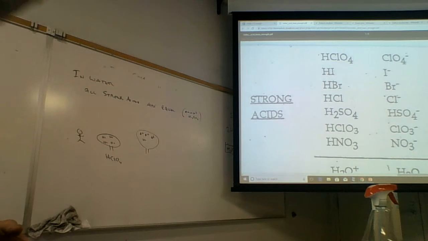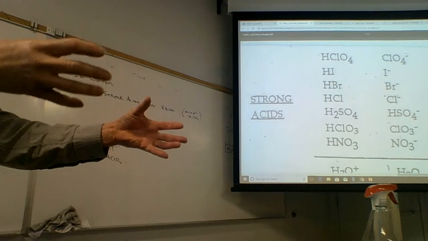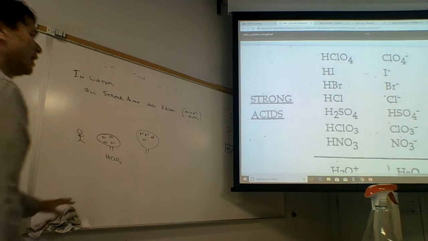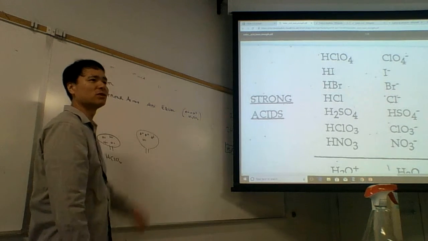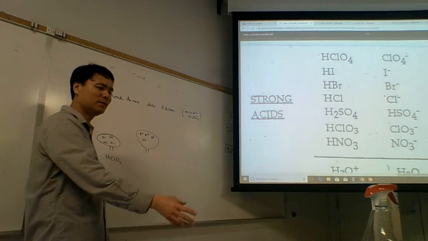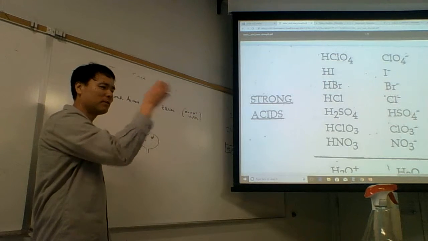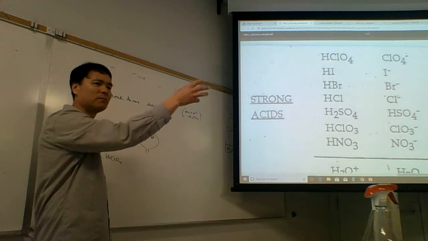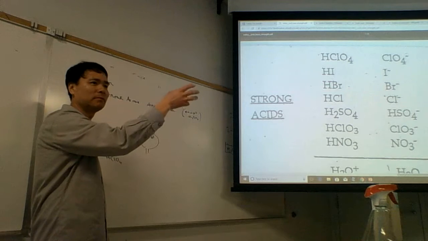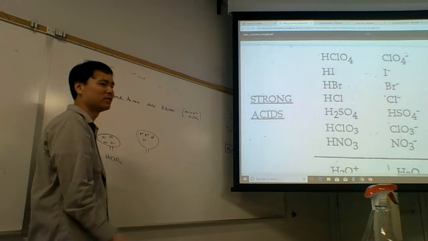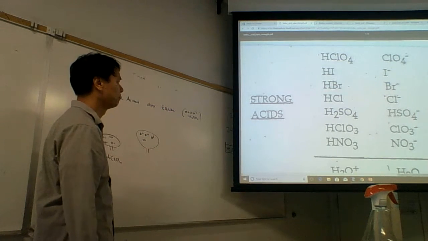It doesn't have to lift their arm much because all the apples are low, right? And then they go to HI. HI is a little bit weaker, and so that means it's harder to take the H plus. So maybe the weak base has to lift their arm to grab an apple. Lifting their arm is work. You have to lift your arm up and take the apples versus just plucking them down here.